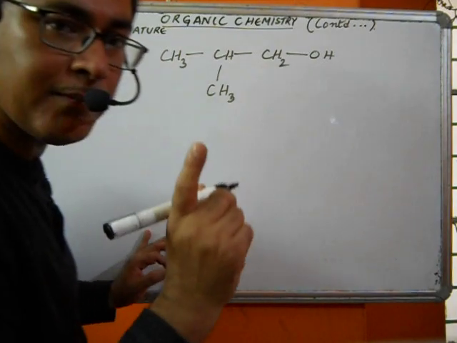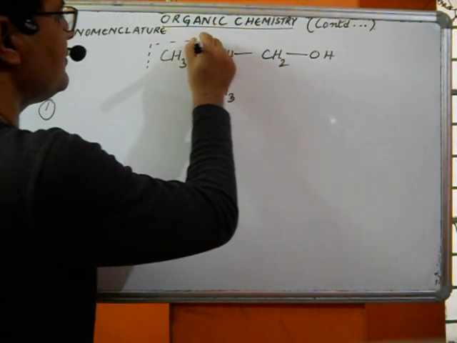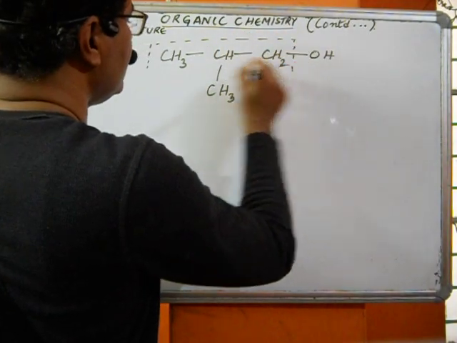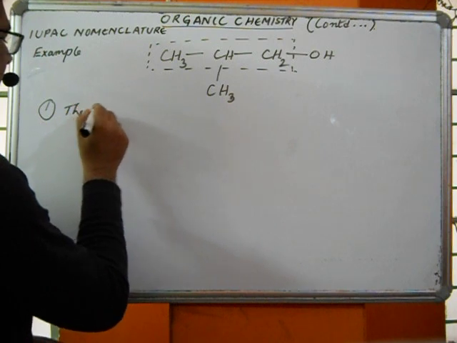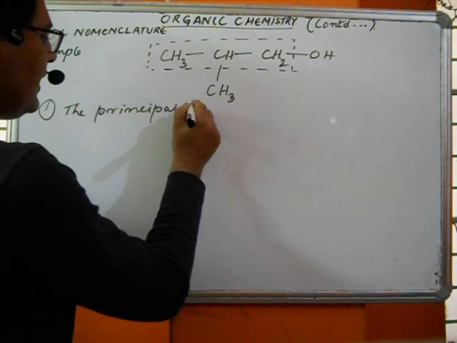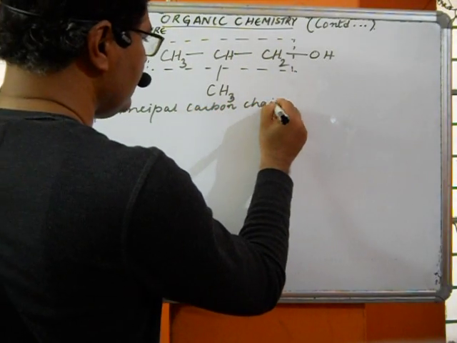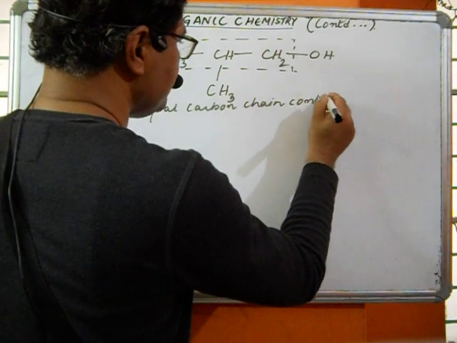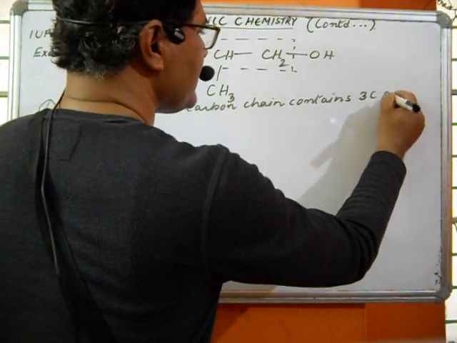First of all, find out the principal carbon chain. So this is my principal carbon chain. The principal carbon chain contains 3 carbon atoms.